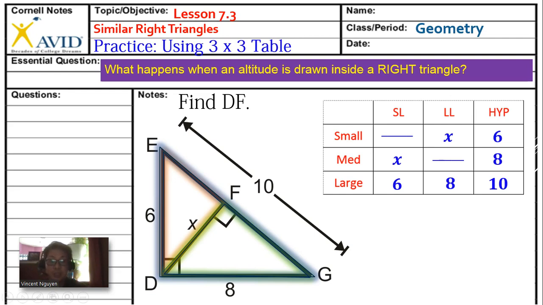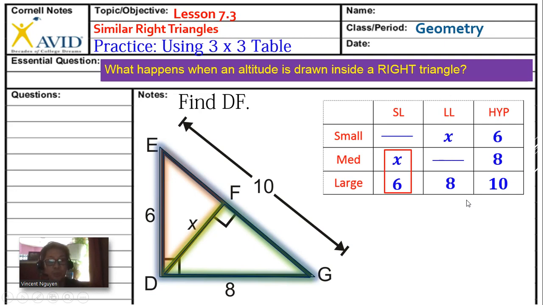There are two options here. You can do x over 6 equals 8 over 10. It has to match, okay? So medium matches to large. You can't do medium and then small over here. You cannot do x over 6 and then x over 8. That doesn't work, okay? Or you can do x over 8 and 6 over 10. Those are your choices, as long as they match up, because the ratios have to match.